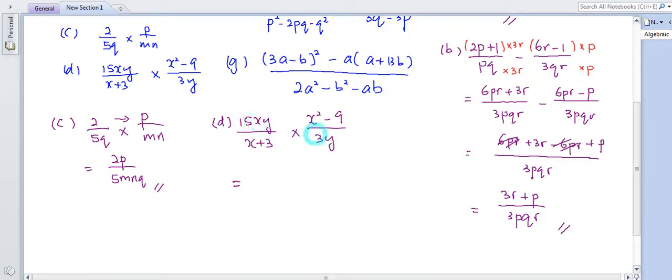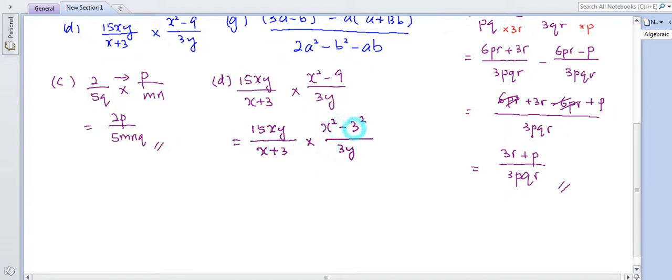The 3 and 15, y and y, actually you can simplify it. Okay, never mind. I just copy it first. Copy it first, later only I start to simplify it. So the x squared minus 9 is actually x squared minus 3 squared, right? So 3 squared is equal to 9. So here I copy also 3y.